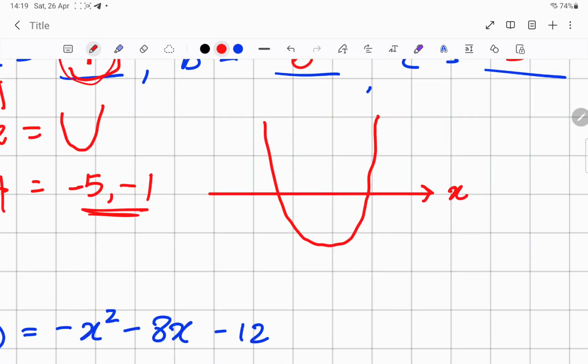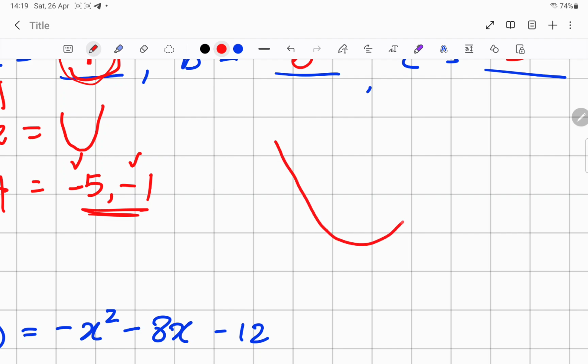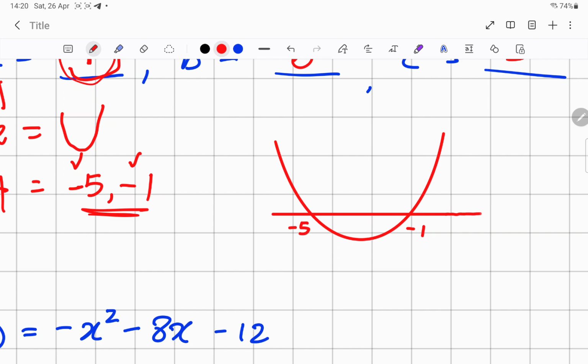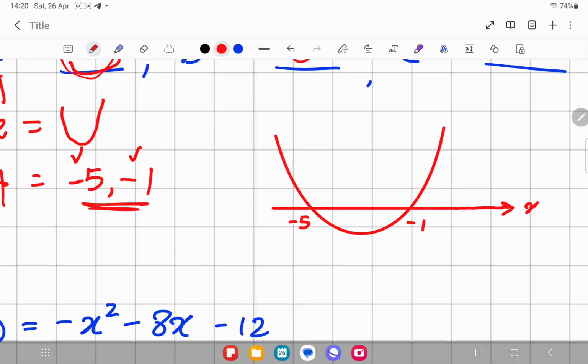So label the x-axis and determine the position of these two roots. You have -1 and -5. We draw the graph a bit wider like this, so you have -1, -5. So this is x.